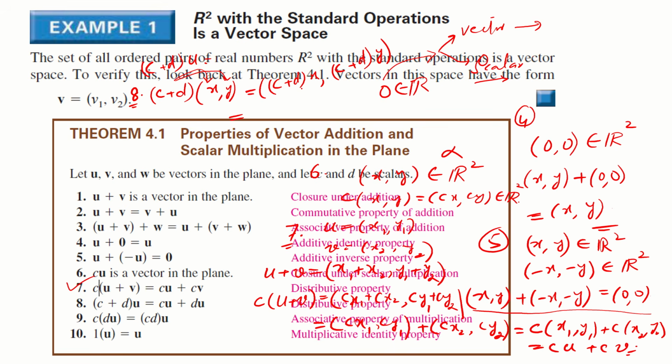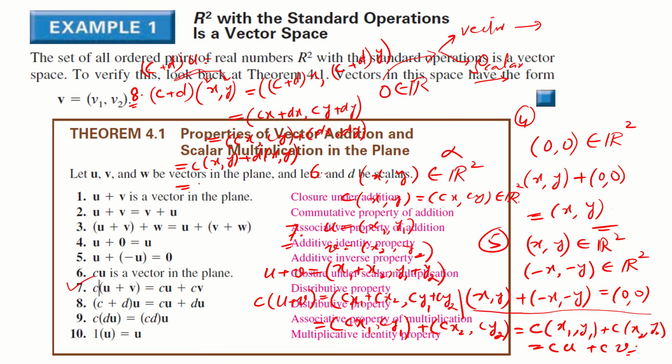Now again applying the distributive law in real numbers, I could write that as cx plus dx, comma, cy plus dy, which could be separated and written as (cx, cy) plus (dx, dy), where I may take c common from the first, so c(x, y) plus d(x, y).